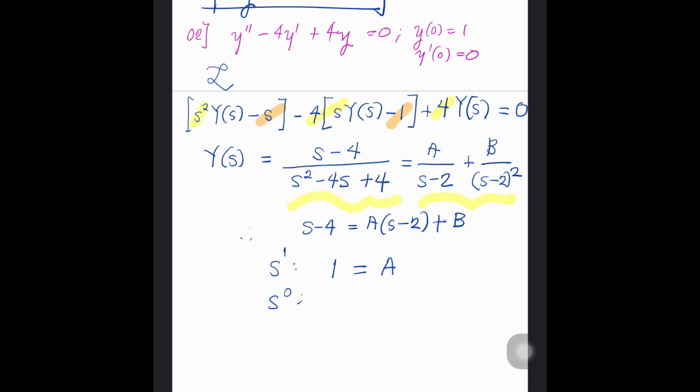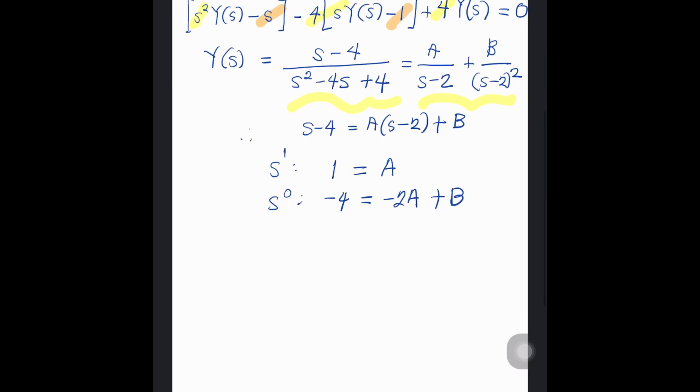For s to the 0, negative 4 equals negative 2A plus B. We know that A is 1, so negative 2A is negative 2, and negative 4 plus 2 gives negative 2, which is equal to B. So we can write Y of s as 1 over s minus 2 minus 2 over s minus 2 quantity squared.